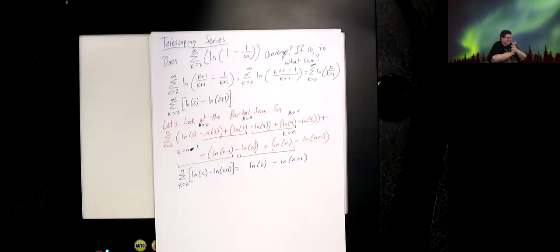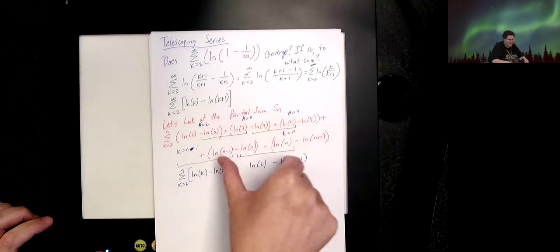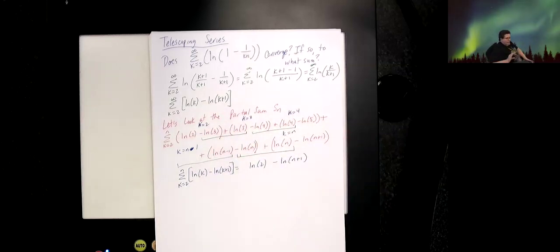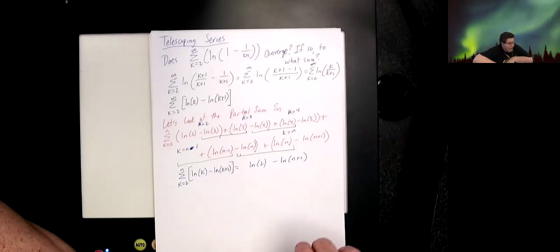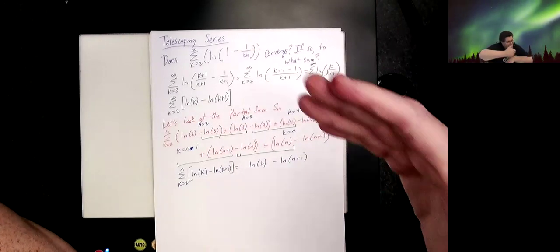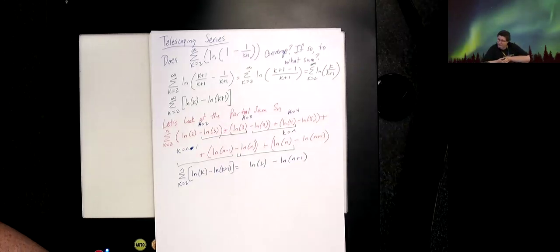So it's like a collapsing telescope. And that's what this is doing. Each level is collapsing with part of the level before it until all the middle stuff is done and you only have the start and the end. Or the eyepiece and the lens. And that's S of n.